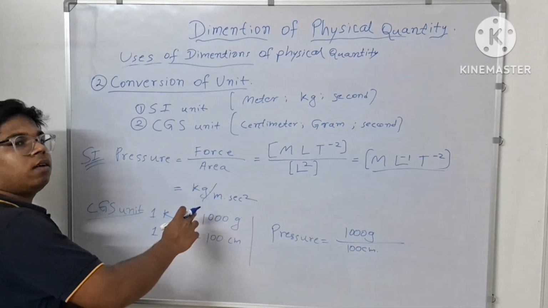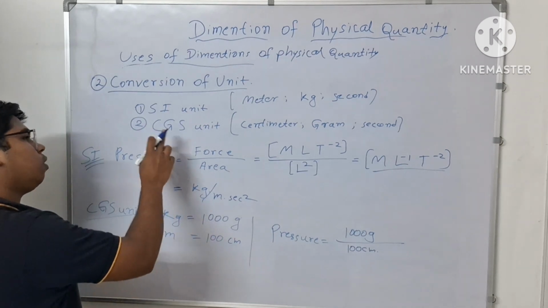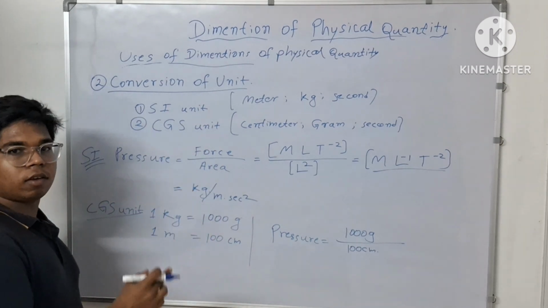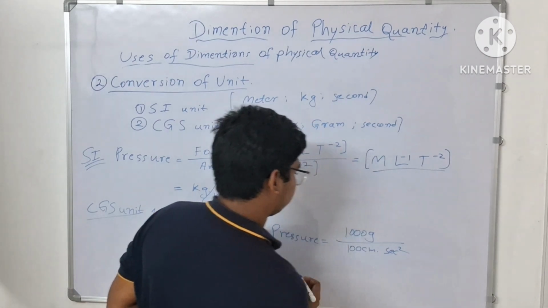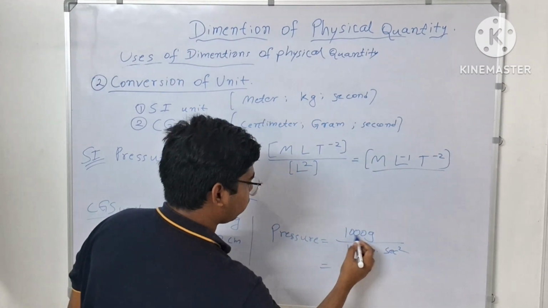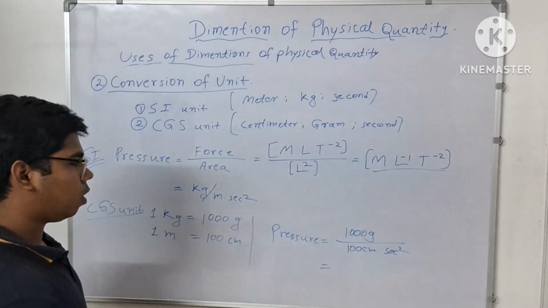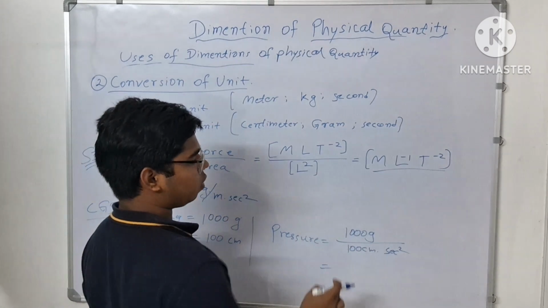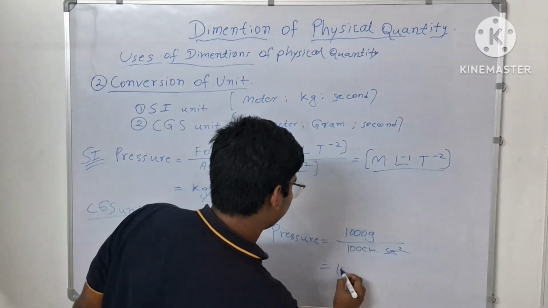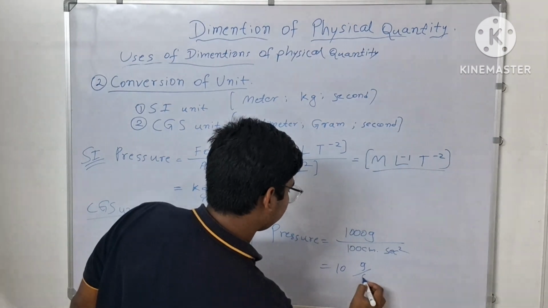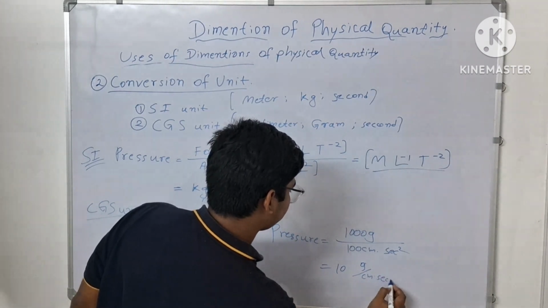And time is in second. In SI unit also it is second, and in CGS unit also it is second. So second square. So 1000 divided by 100, these are constants, they don't have dimension, so we can divide them. So it will be 10 gram per centimeter per second square.